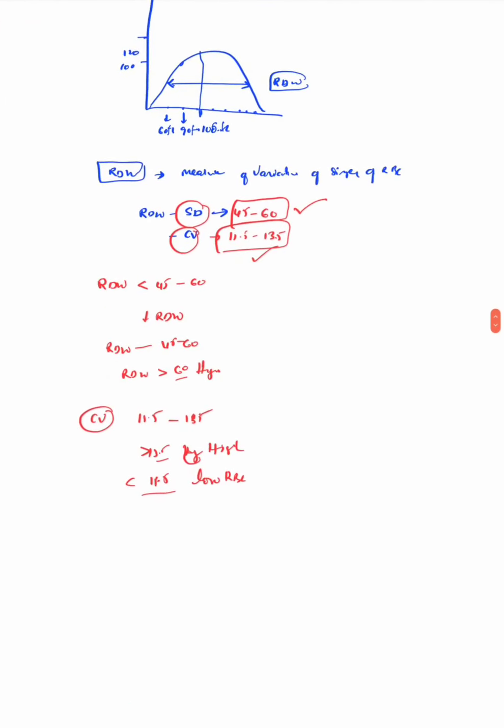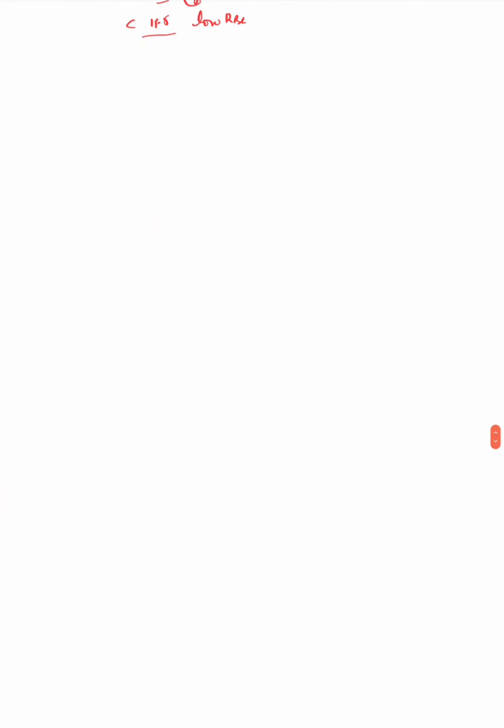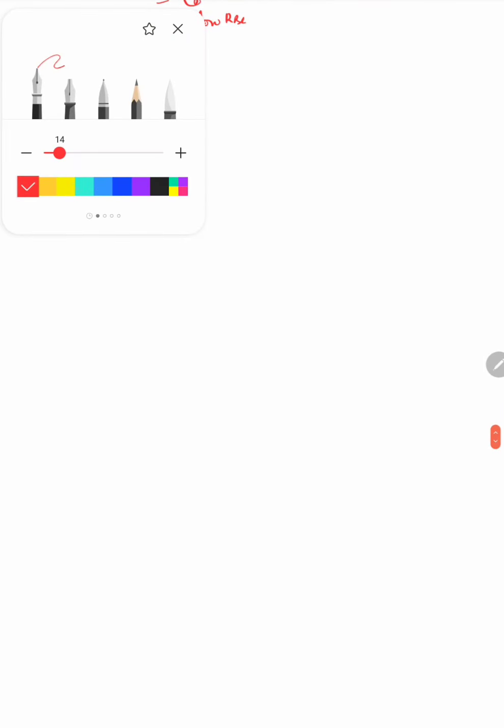Next, we have seen all these things, so let's see how they will be useful. First we look at MCV and classify it as microcytic, macrocytic or normocytic. So let's see if there is microcytic anemia.